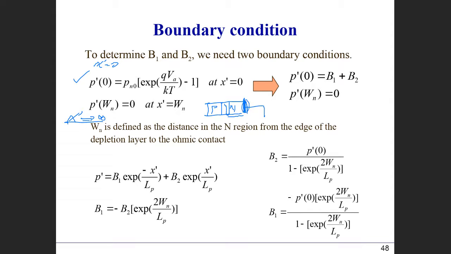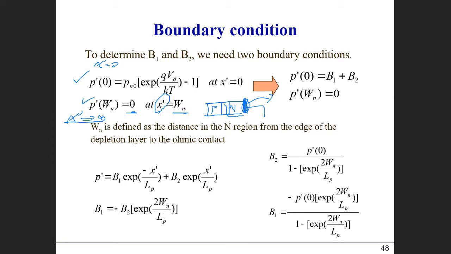The metal itself has a large number of electrons and holes available, so any excess holes in the N side, when they reach this metal, instantly go to the thermal equilibrium value. So when x prime equals Wn, the location of this metal, we expect the excess hole concentration to go to 0.